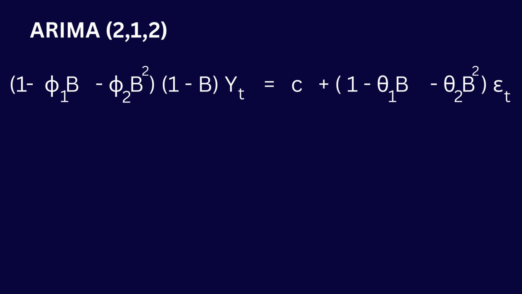So we already know AR(2) is 1 minus phi 1 B minus phi 2 times B squared times yt. So in here we put 1 minus B, that is the integrative part.